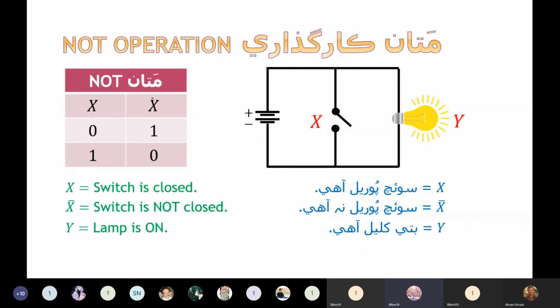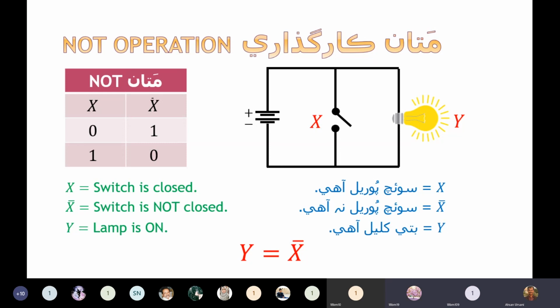Lamp is off. Y represents lamp is on. What is the relationship between x and y? y is equal to x bar, x complement, because when the switch is open at that time the lamp is on.